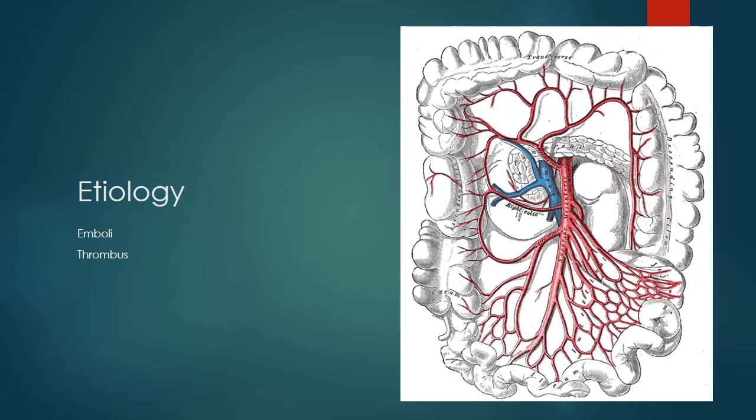The superior mesenteric artery is particularly prone to receiving emboli because of its positioning. It has a very large diameter relative to other vessels, and it also has a narrow takeoff relative to the aorta, which makes it much more susceptible to receiving emboli.